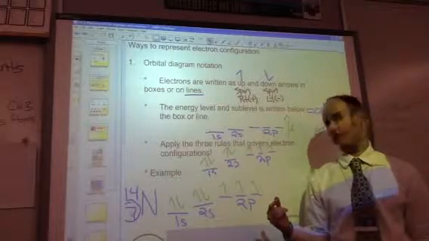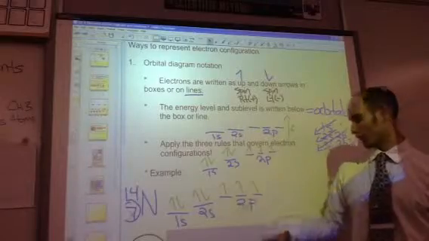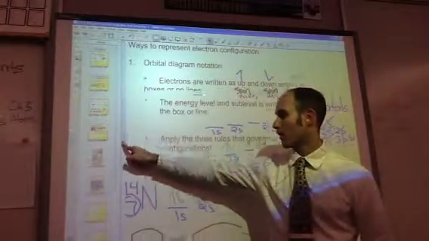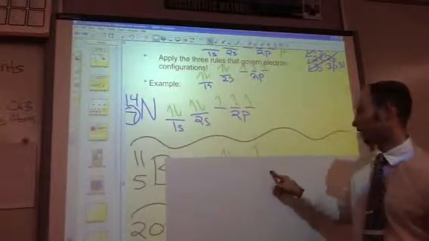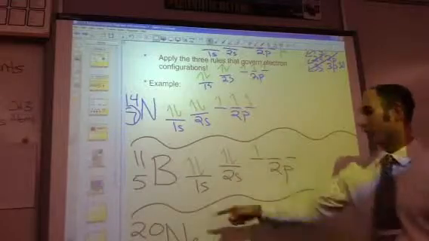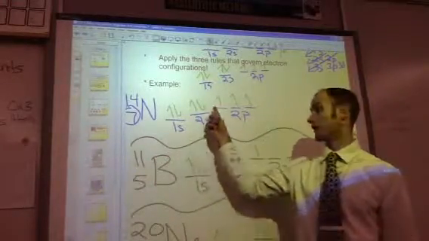Mike. Why do the 1S and the 2S have 2, but only the... Well, if I had more, so for example, right here, for boron maybe isn't a good example. There you go. I don't have enough electrons to fill them up. I don't have enough electrons to double them up.